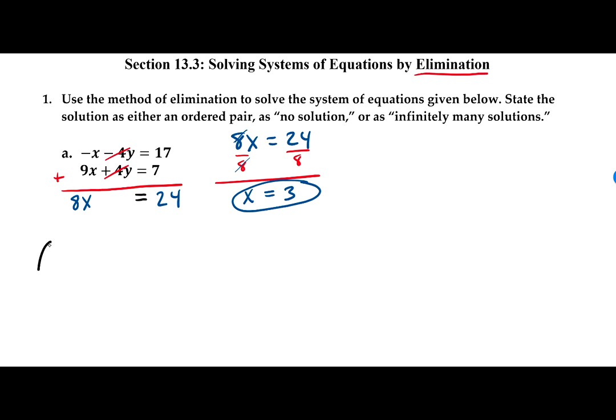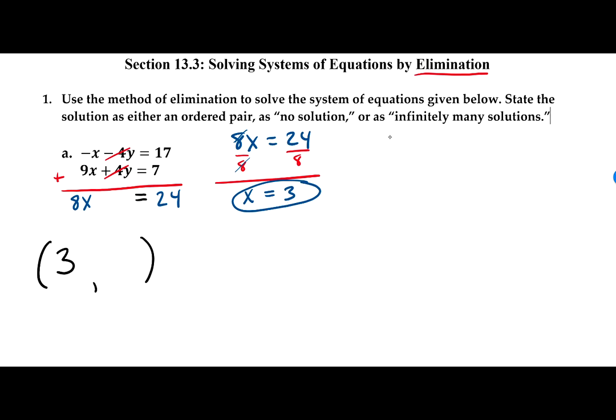And we know that the answer is going to be an ordered pair, and we now know that the x value is equal to 3. And just like with the substitution method, once you have half of your answer, now you could plug that number back into one of the previous equations to solve for y.